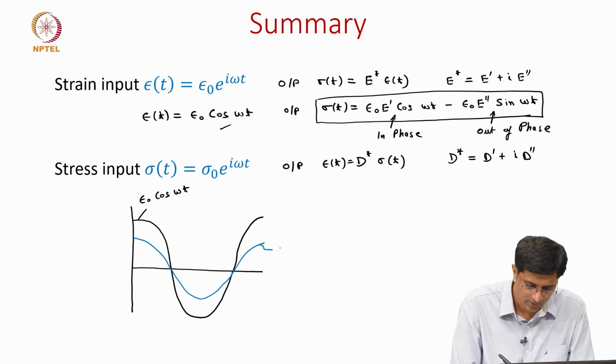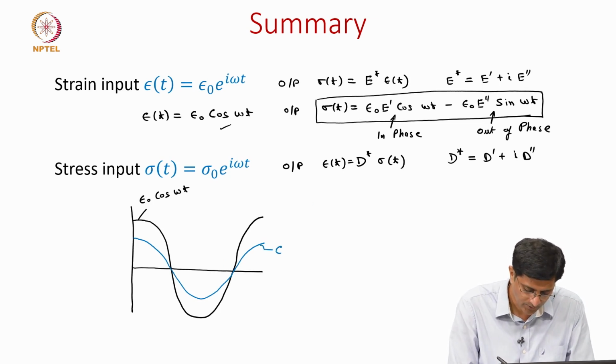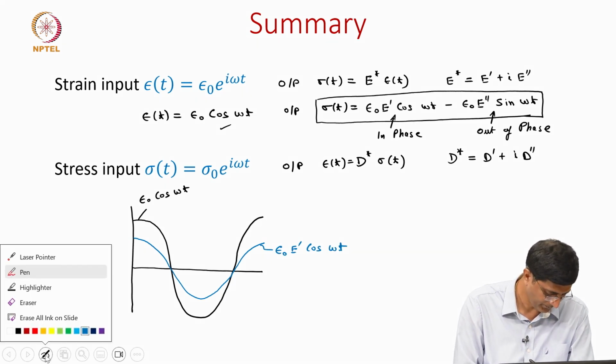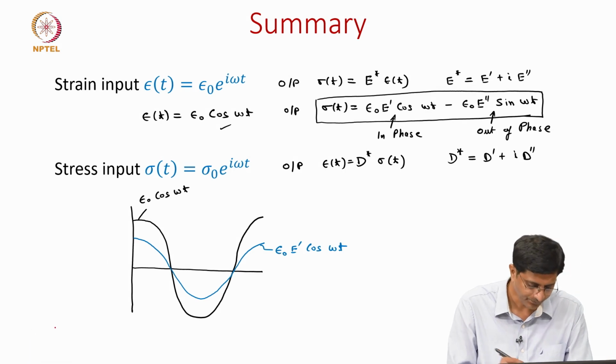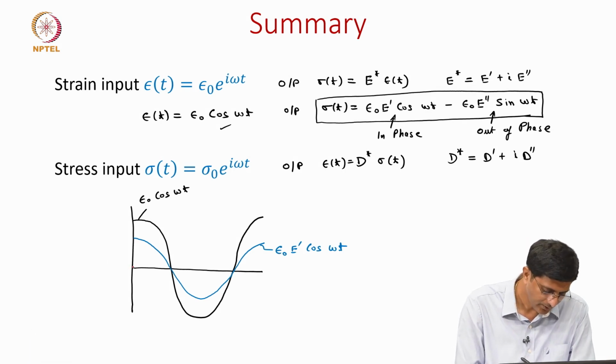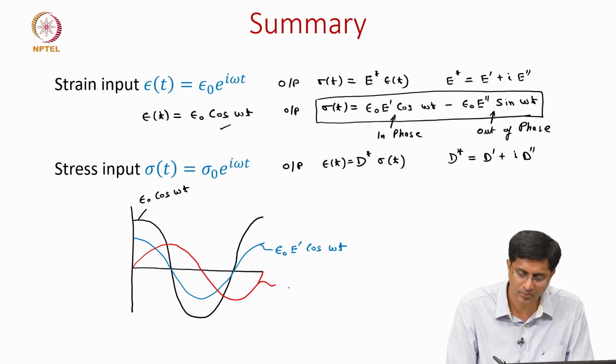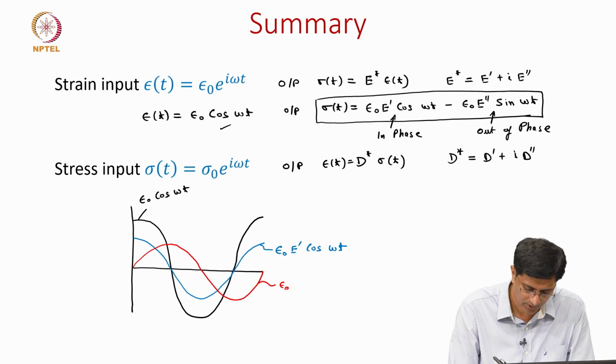This will be our first component, which is epsilon naught times E dash cos omega t, and then we have the out of phase component. Let us pick another color. So, this will be the second component, which is epsilon naught times E double dash sine omega t.